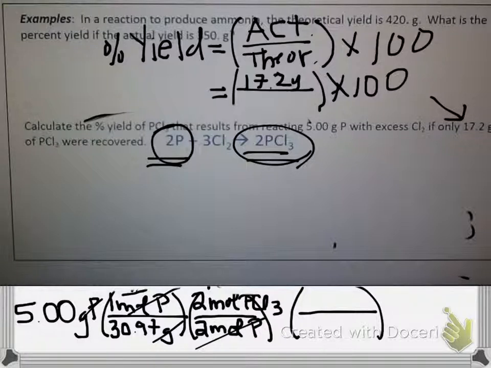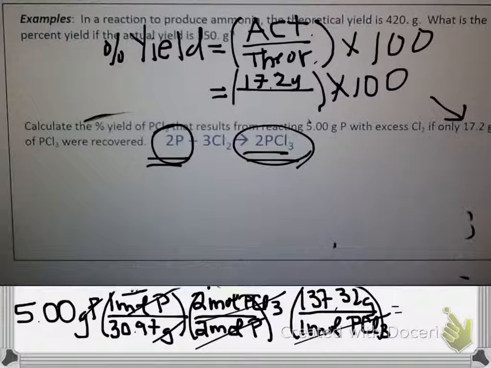For every 1 mole of phosphorus trichloride, there's 137.32 grams. So I've got my moles of phosphorus trichloride on top and bottom, and they cancel. So let's figure out how many grams of phosphorus trichloride we can make from 5 grams of phosphorus. That's really what we're doing here.